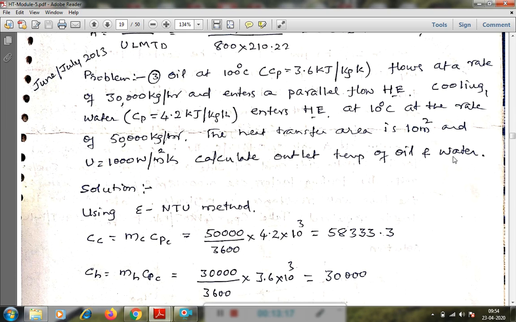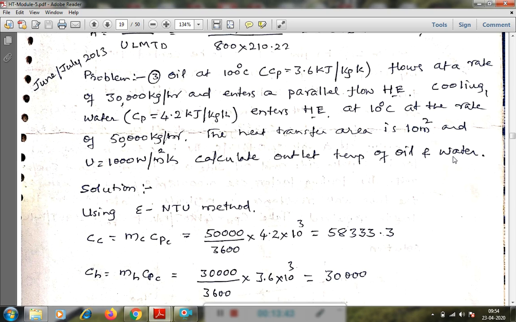Here only the inlet temperatures of the cold and hot fluids are given, the specific heats are given, the flow rates are given, and also the area and overall heat transfer coefficient are given. But the outlet temperatures are asked. Whenever the outlet temperatures of both fluids are not given, you cannot calculate them easily in this equation.